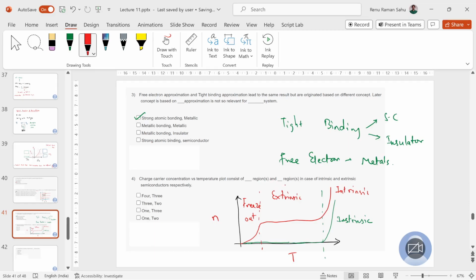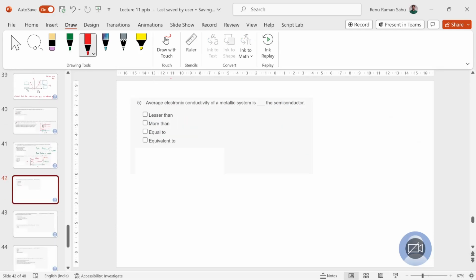Intrinsic it is just one, extrinsic it is three. So it is 1 and 3, the third answer. Okay. What about this? The average electronic conductivity of a metallic system is twice, right? 2 times, right? 2 times.